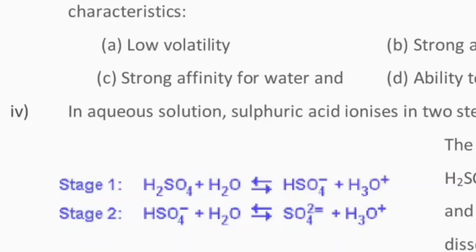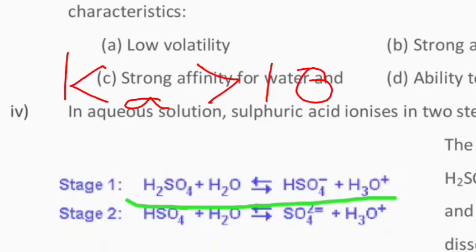In aqueous solution, sulfuric acid ionizes in two steps. This is the first step of ionization of sulfuric acid in water. H2SO4, when we put in water, dissociates into HSO4 minus and H3O plus. Ka for this reaction is greater than 10. Ka means acid dissociation constant.